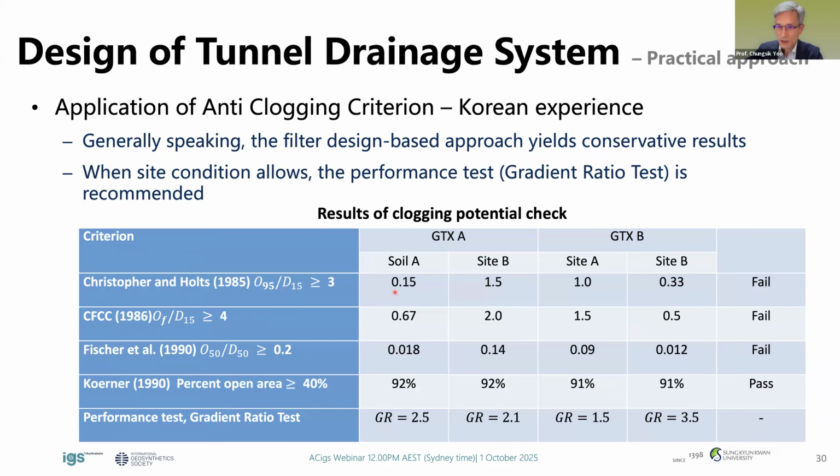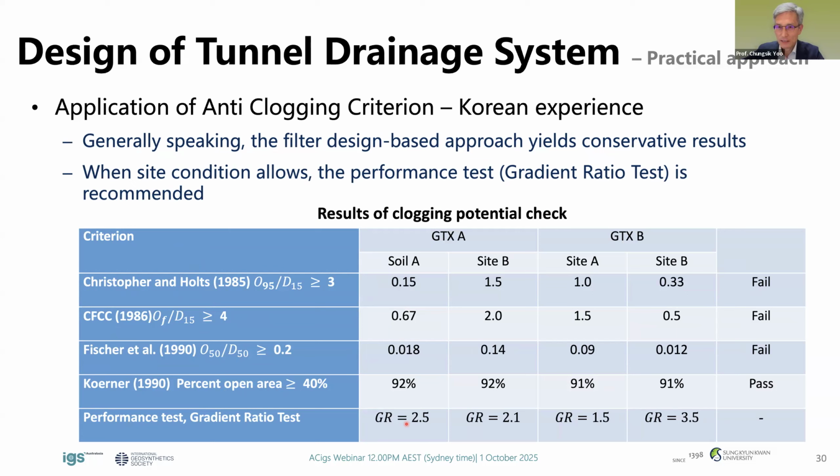This table summarizes the result of the clogging potential check. As you can see, geotextile A and B fail in most checks. Why? Because those empirical criteria are very, very, very conservative.